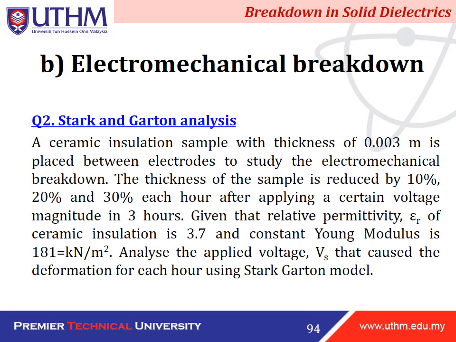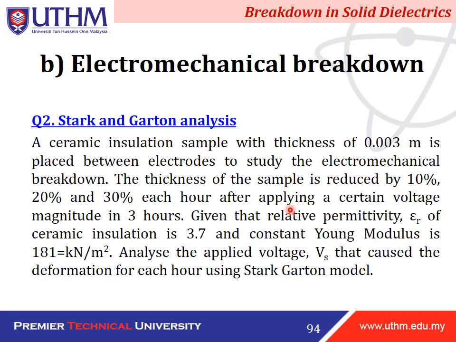So we read the question. A ceramic insulation sample with thickness of 0.03 meter is placed between electrodes to study the electromechanical breakdown. The thickness of the sample is reduced by 10%, 20%, and 30% each hour after applying a certain voltage magnitude in 3 hours.